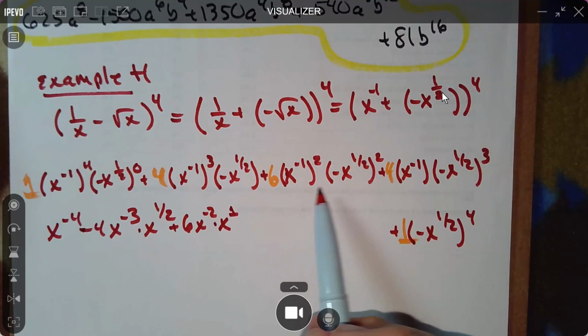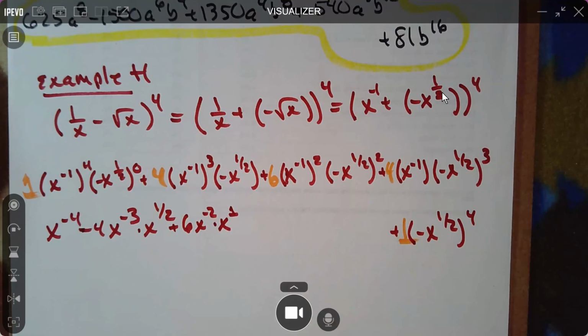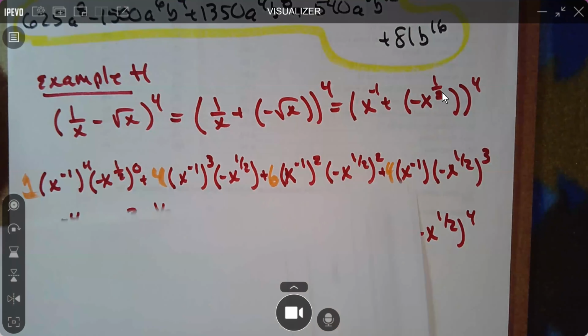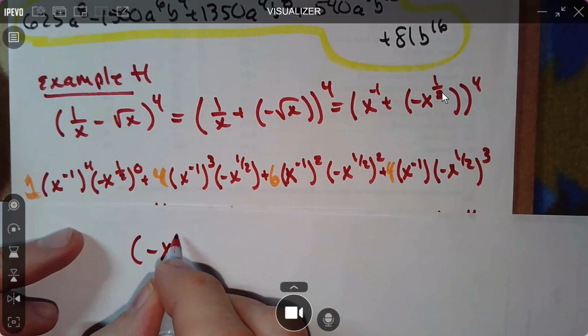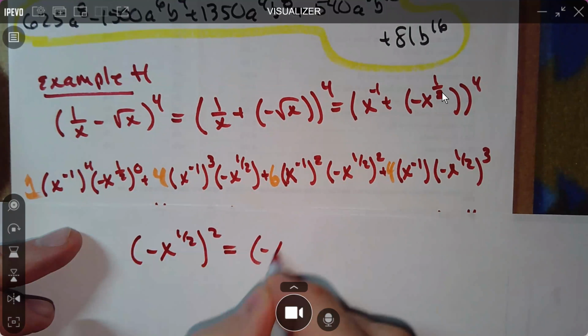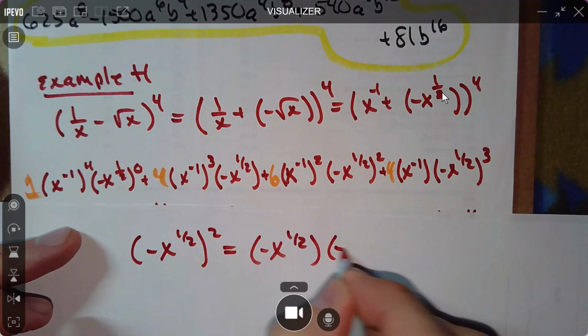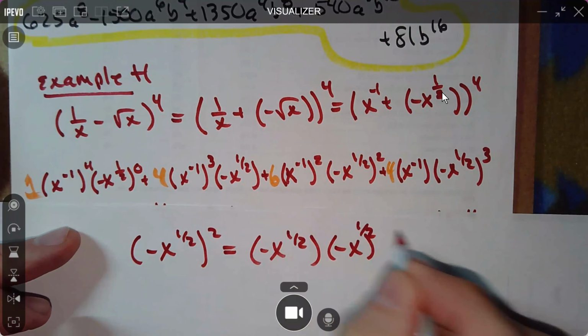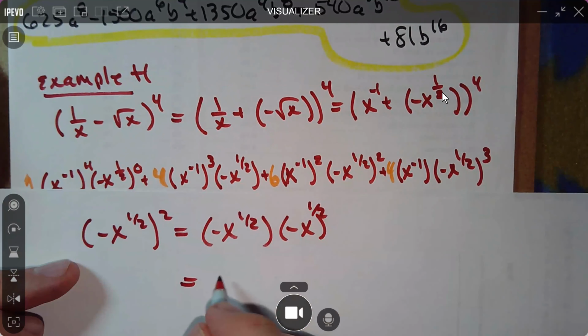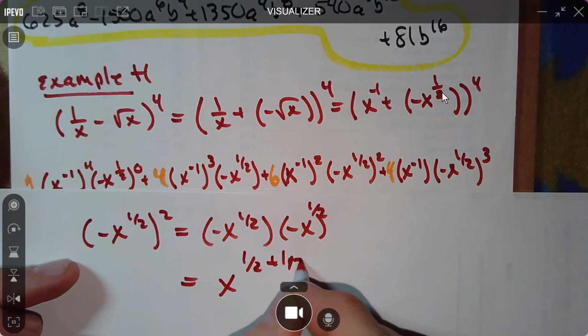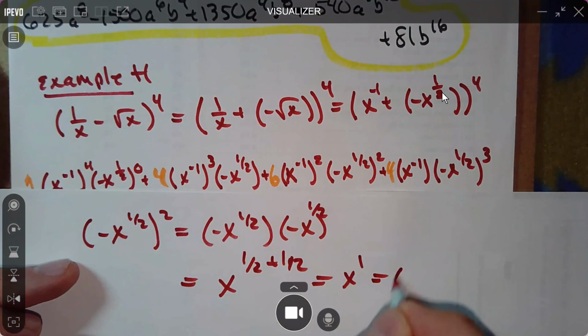It's a great question. When you square that, it becomes positive. So it would be a +6 there. But if you take a look at negative x to the 1/2 squared, that's negative x to the 1/2 times negative x to the 1/2 again. Negative times a negative is positive. X to the 1/2 plus 1/2 gives me x to the first power, or just x.